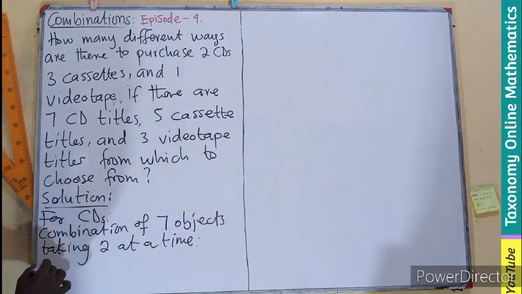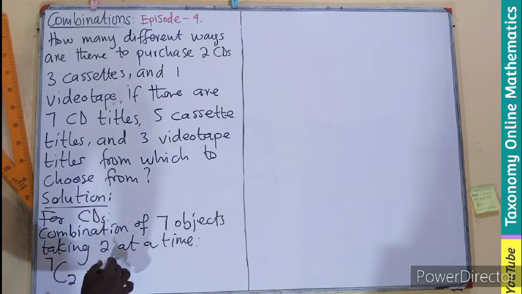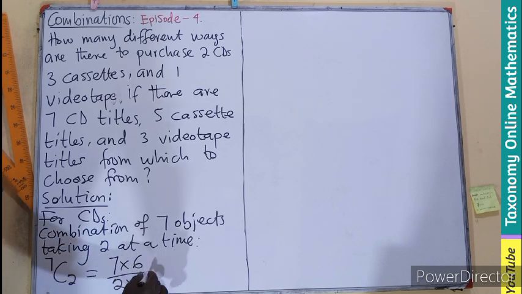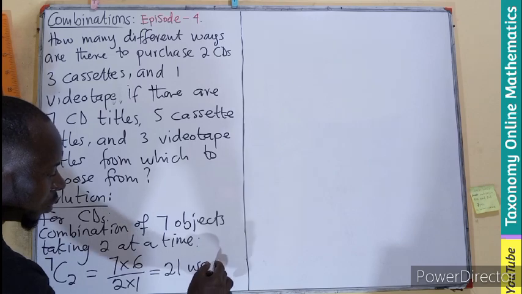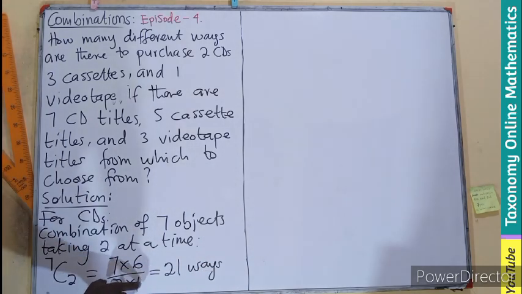That is 7 combination 2, which means 7 times 6 divided by 2 times 1, and that will be 21 ways. I believe I explained this concept in episode number 1.